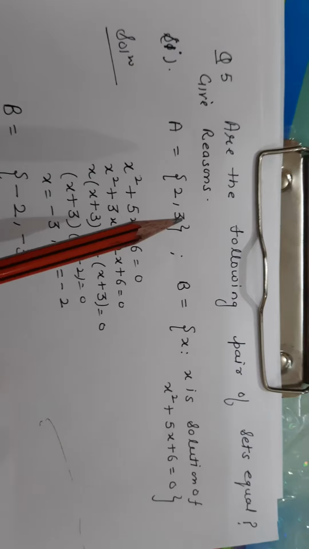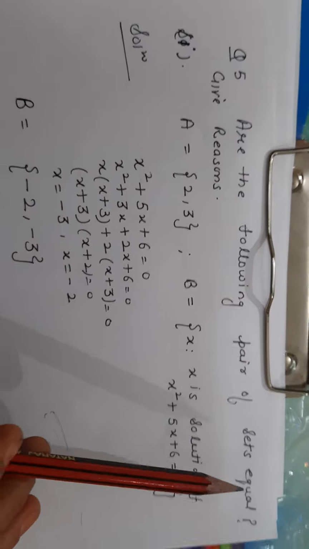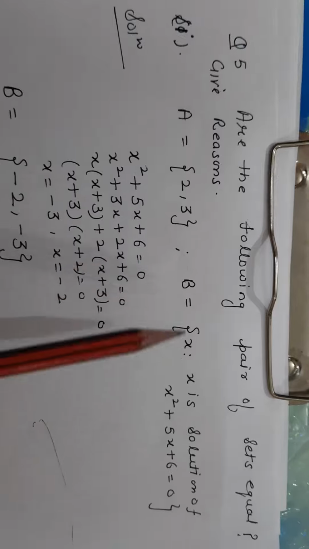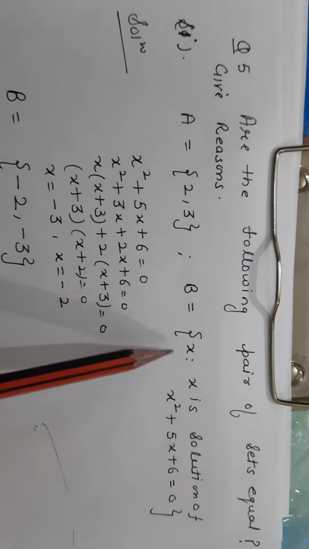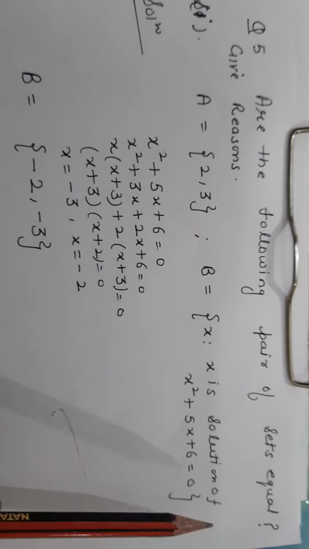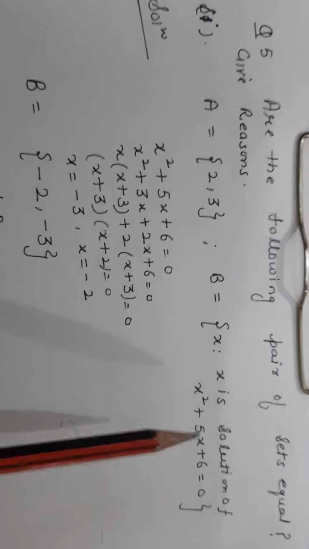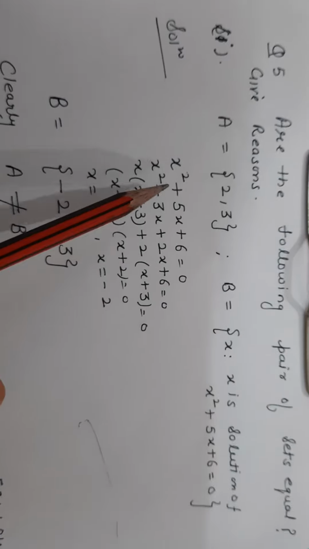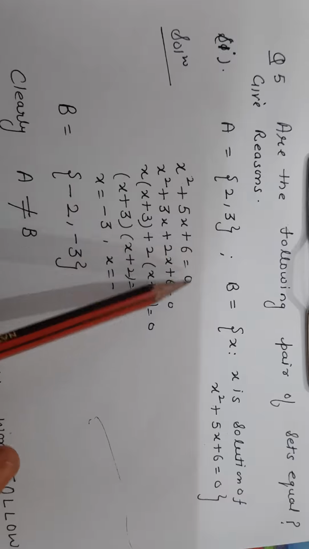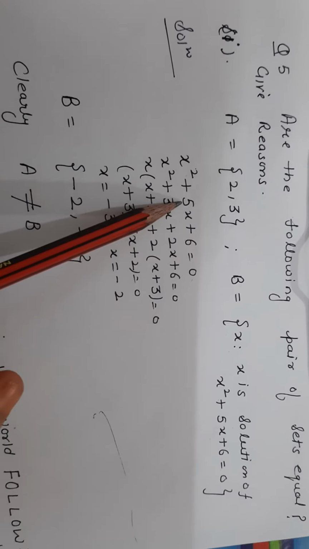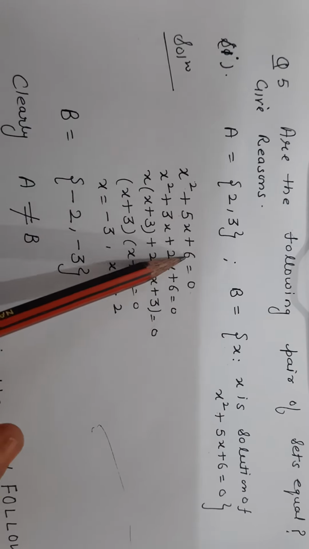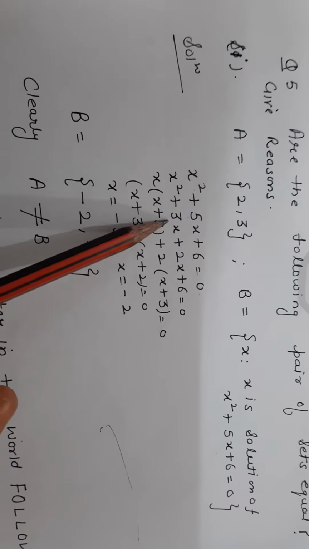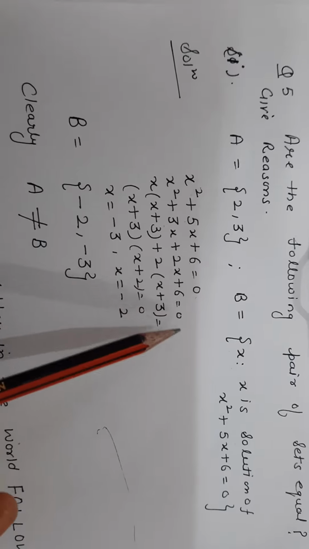Question number 5. Are the following pairs of sets equal? Set A is {2, 3}. Set B is the set of those x such that x is a solution of this quadratic equation. First we are going to solve this quadratic equation: x square plus 5x plus 6 equal to 0. The sum of the roots is -5 and the product is 6. So x square plus 3x plus 2x plus 6 equal to 0.